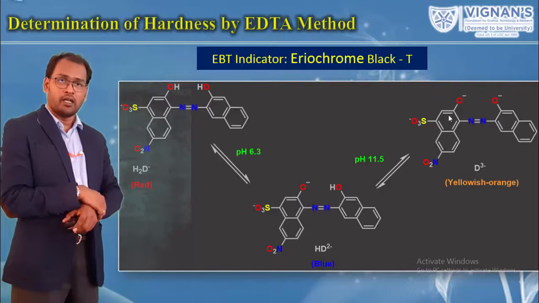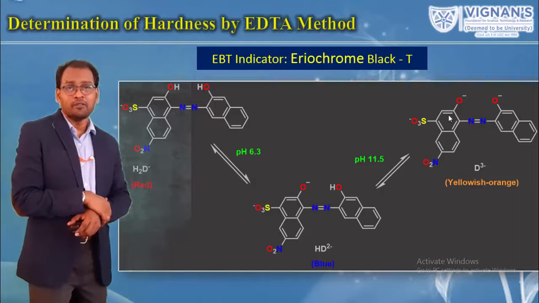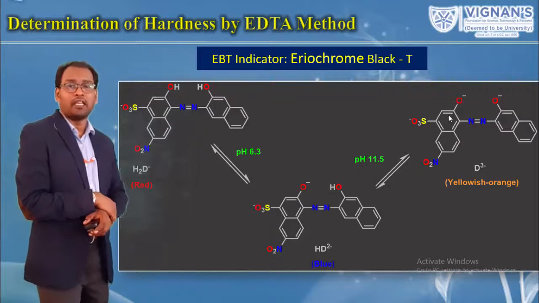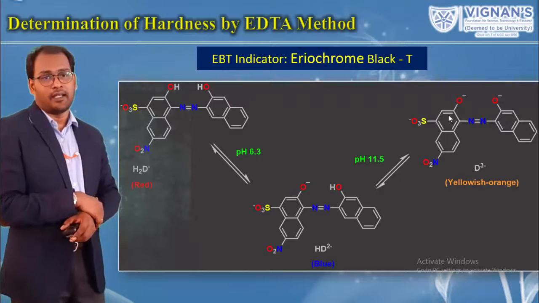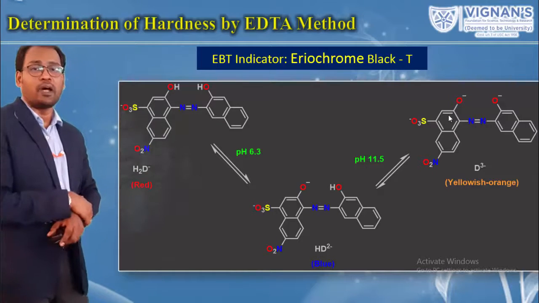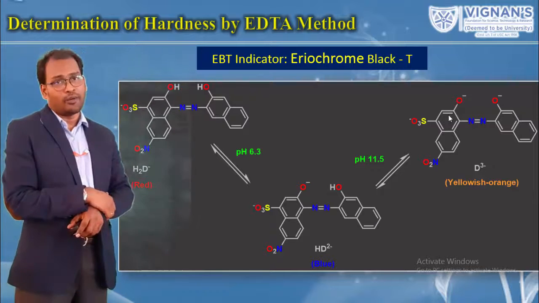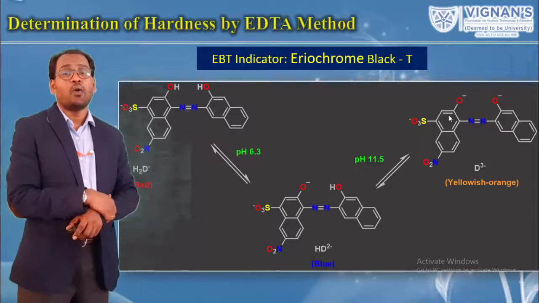Along with this, this monoprotonated, deprotonated EBT, when it comes in contact with metal, forms a complex, and that complex will be wine red in color. You can see the wine red complex there. One EBT molecule reacts with a metal and forms a complex that is wine red.